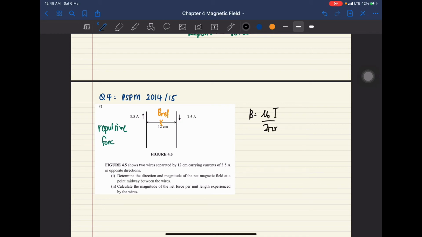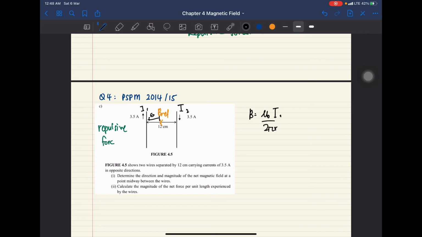Maybe I can label I1 and I2 so that it will become much clearer. The r here is the distance from the object to that point. So this one you divide by 2, it will be 6 centimeter.